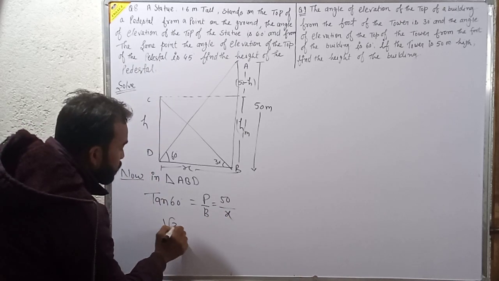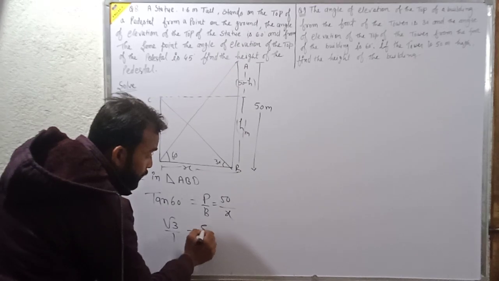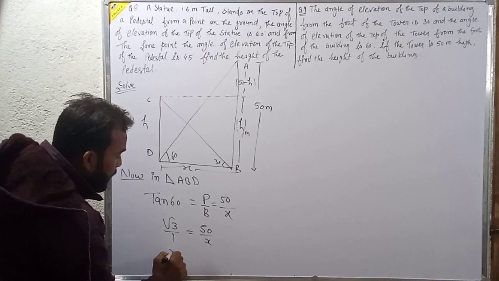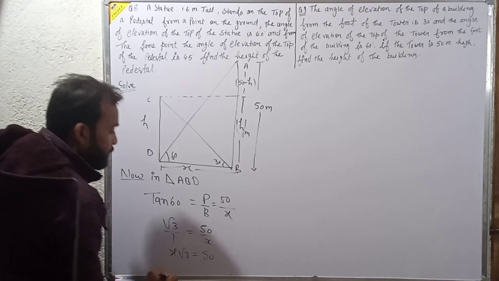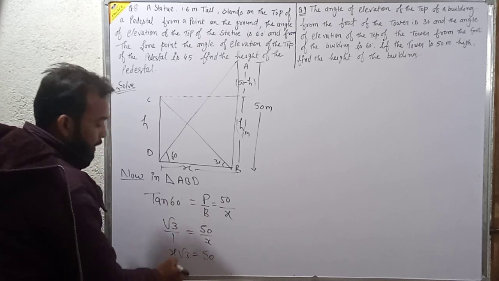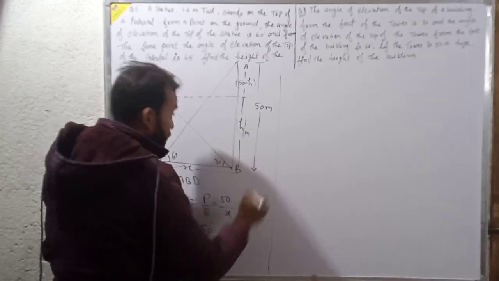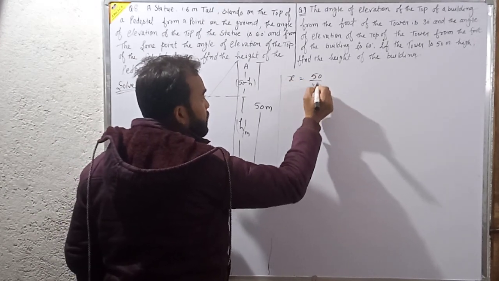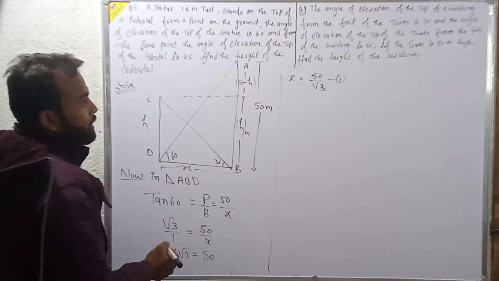Tan 60 is equal to root 3 upon 1 is equal to 50 upon x. X root 3 is equal to 50. Now x is equal to 50 upon root 3. This will be equation number first.